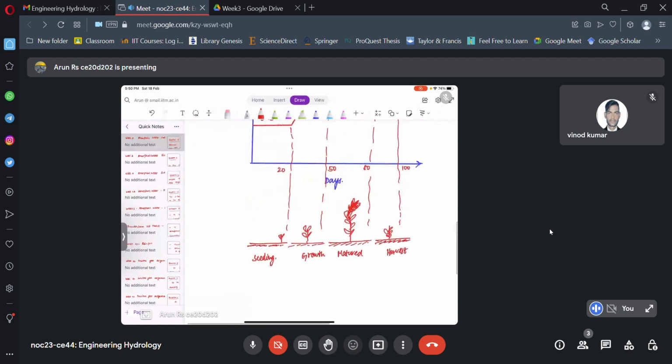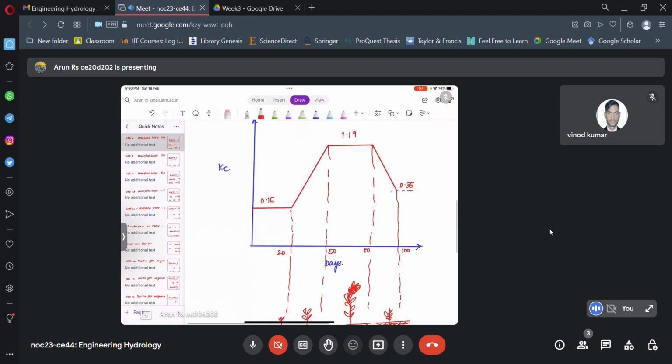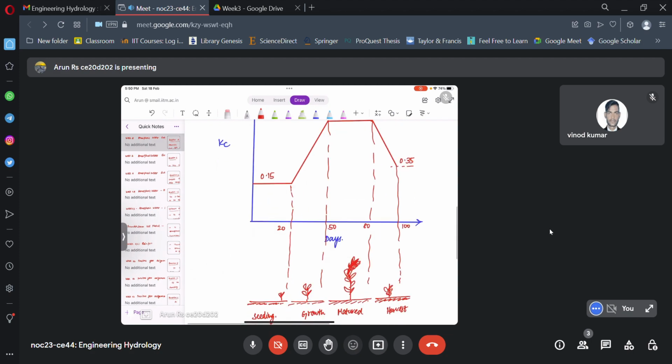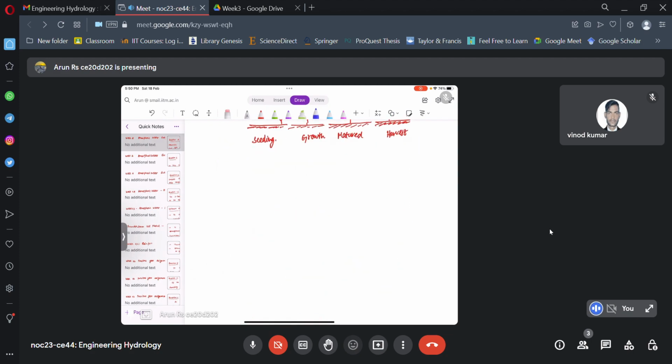Now they have given the crop coefficient varying like this. Now we need to determine it at different stages. So we can make use of linear interpolation and compute it at the required dates. So they have asked for crop coefficient at the 20th day. 20th day it is 0.15 only.